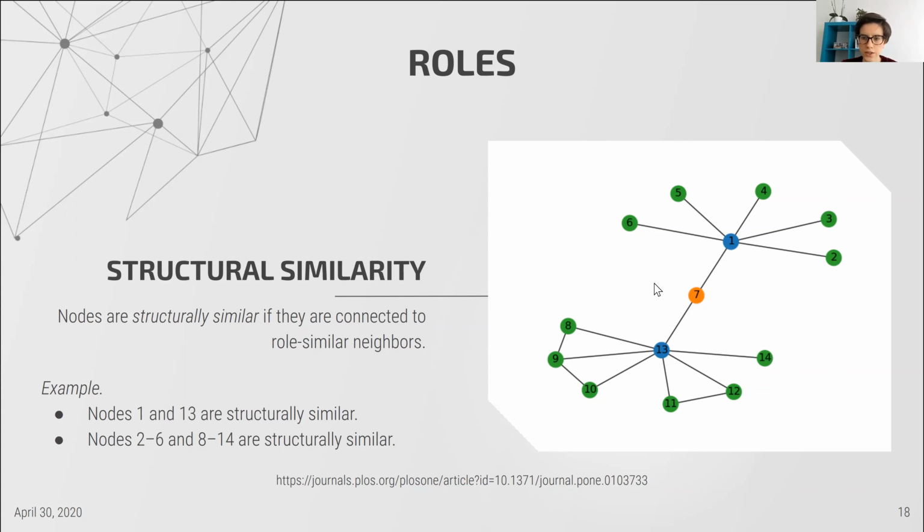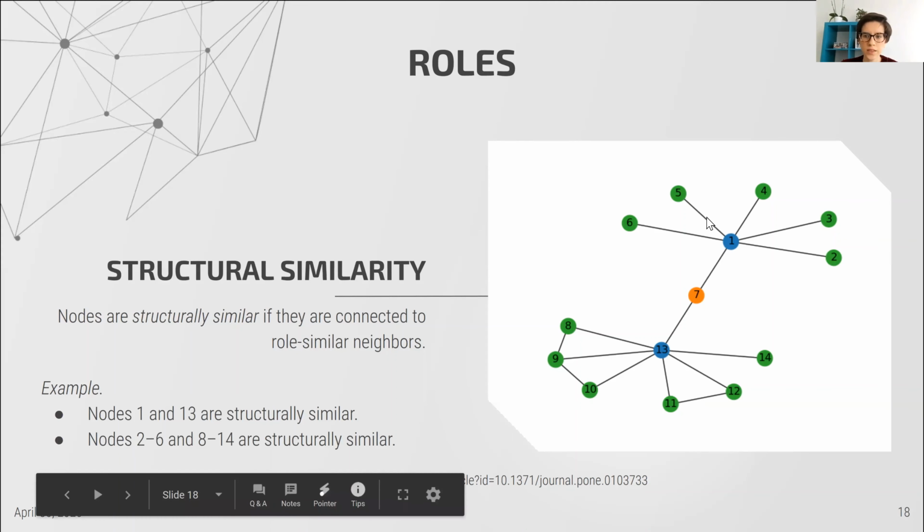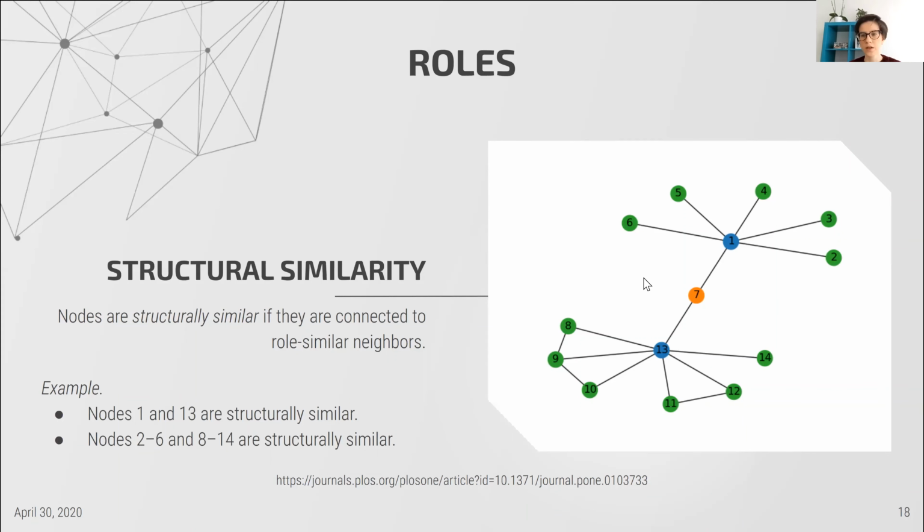So in this graph here, as you can see, node 1 is the same as before, but 13 has one more friend now. And moreover, we have this situation where the friend of my friend is also my friend. So there is a stronger connectivity here, but still we see some similarities between 1 and 13 in the sense that they act as hubs, which means nodes that are kind of popular.